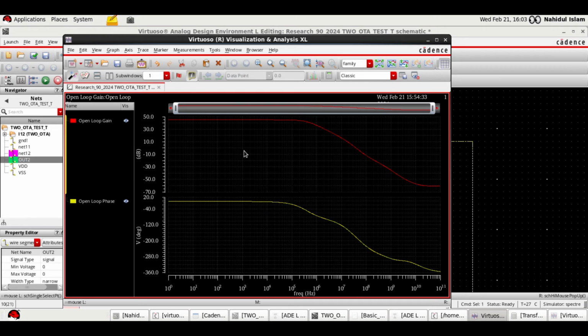So 45.5 minus 3, that means 42.5. Yeah, 387.7 kilohertz is our 3 dB point, or half power bandwidth.